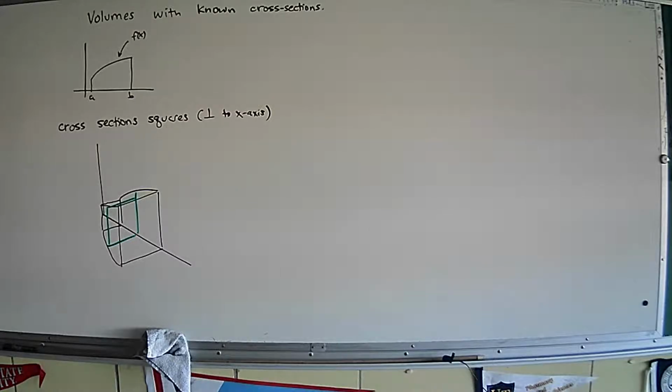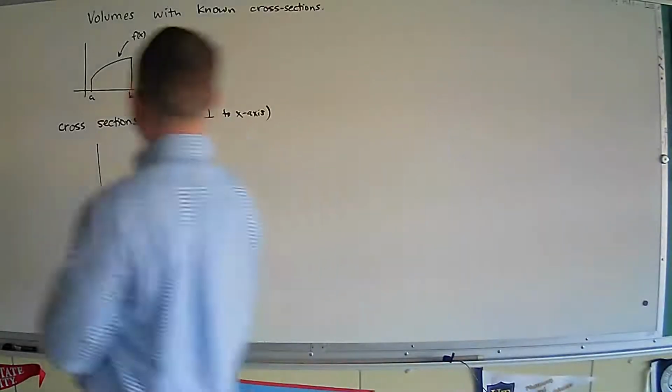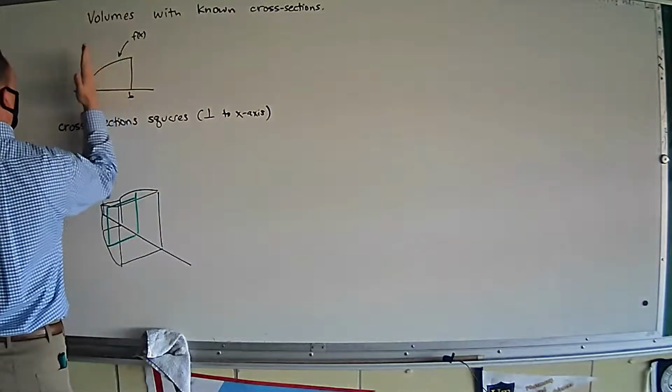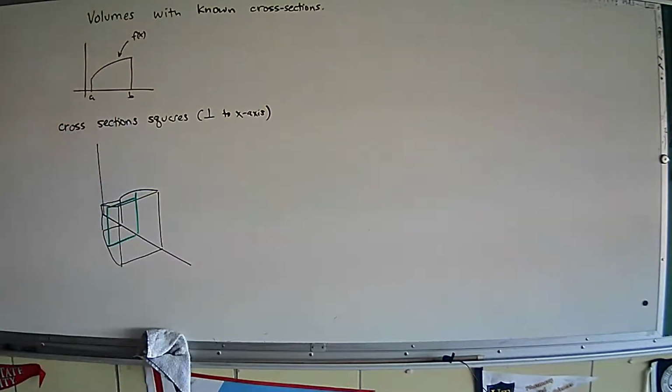So the first question I have for you is, if we're slicing it like this, perpendicular to the x-axis, how thick are those pieces going to be? They're going to be infinitely thin, but which infinitesimal are we going to call it? Dx or dy?